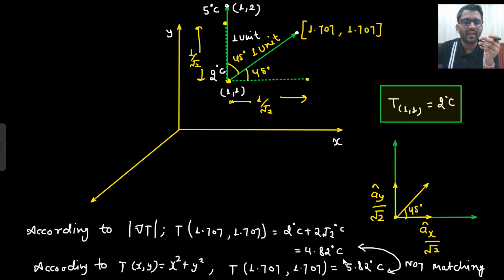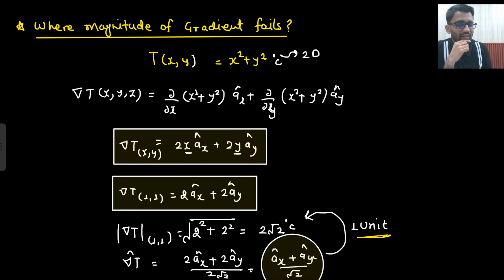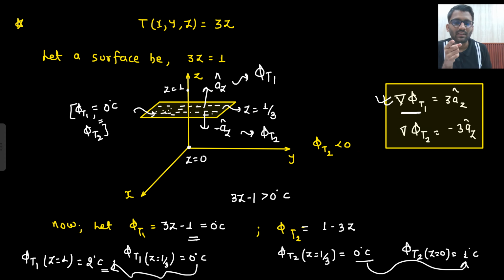You certainly have studied a new thing here, that the direction of gradient will always tell the correct direction, that if you go in this direction then there will be the maximum change. But what will be the change can differ. But in the earlier example the change did not differ. What do I mean by that? Here the gradient was telling me the correct change.